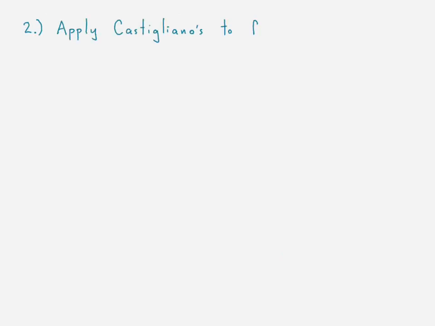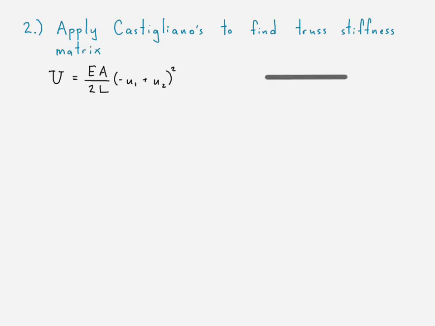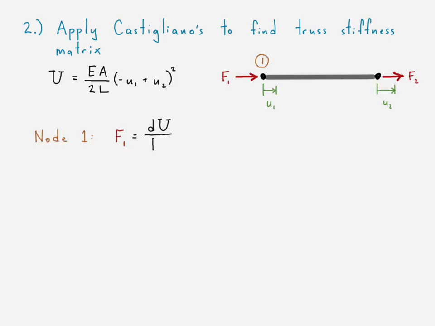That's the largest part. Now applying Castigliano's to find the truss stiffness matrix is done as follows. So there's our expression for our strain energy in terms of the nodal displacements. We apply it once at node 1. Remember that we can apply Castigliano's to any location that has a force applied to it and has a displacement at that corresponding location in the same direction.